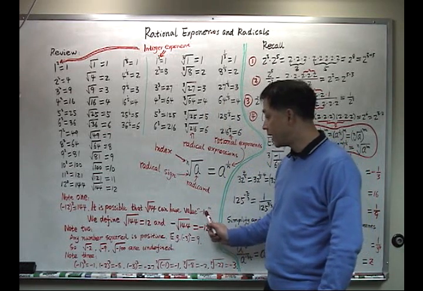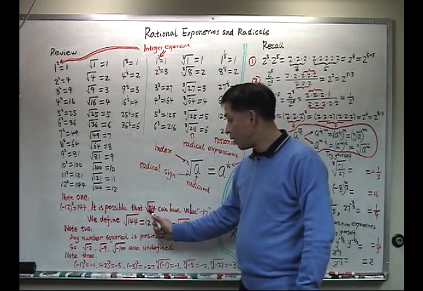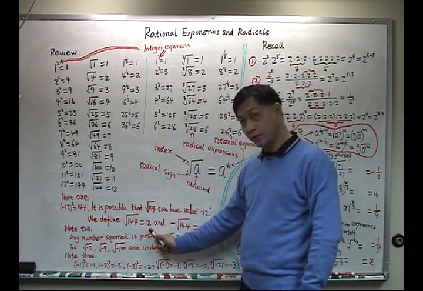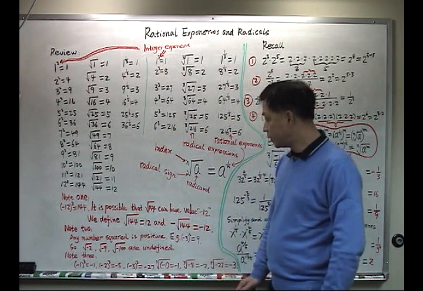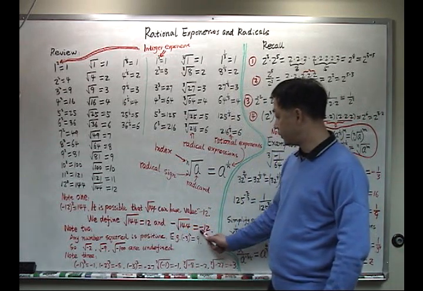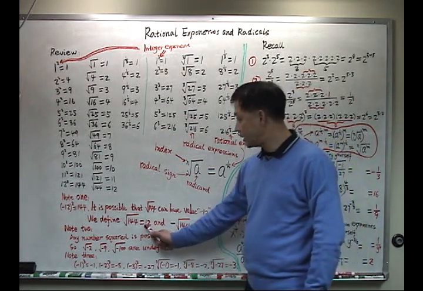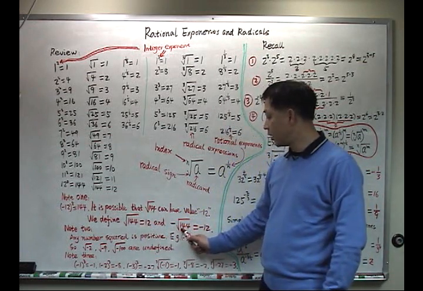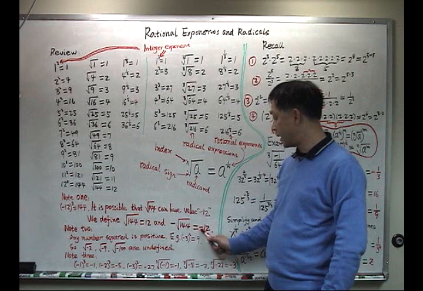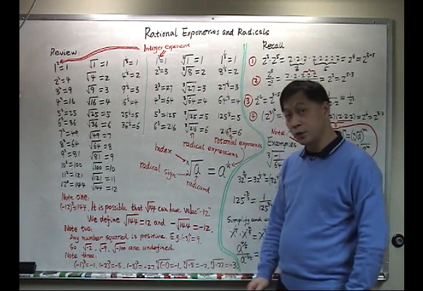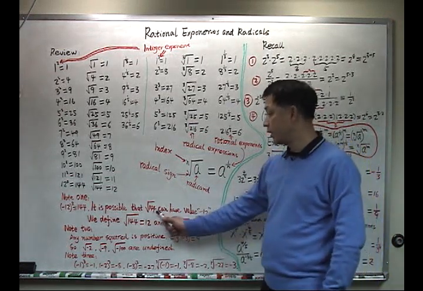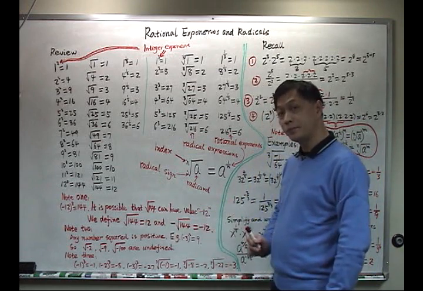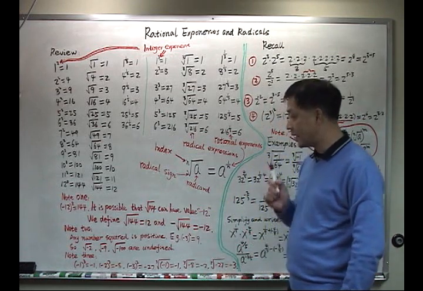We don't say radical 144 is negative 12. And how to get the negative? If we put a negative sign on both sides, then we have negative radical 144 is negative 12. We don't write radical 144 is negative 12. Okay, that's one note.